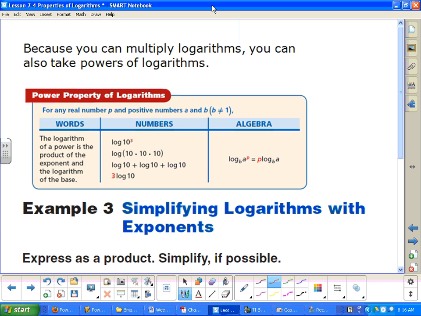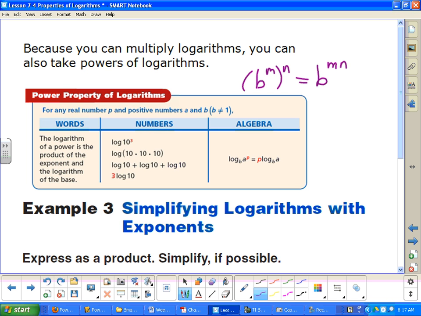Because you can multiply logarithms, you can also take powers of logarithms. And so the power property goes along with the property that says that if I have b raised to the power of m to the power of n, then I'm going to take b raised to the power of m times n.